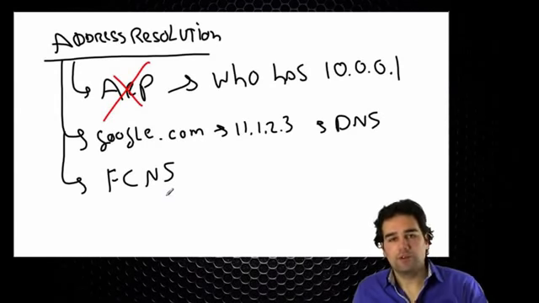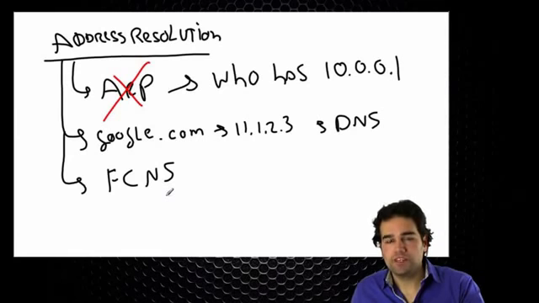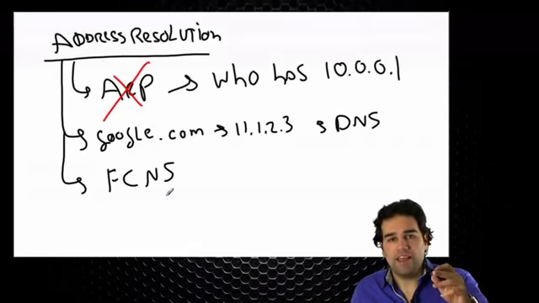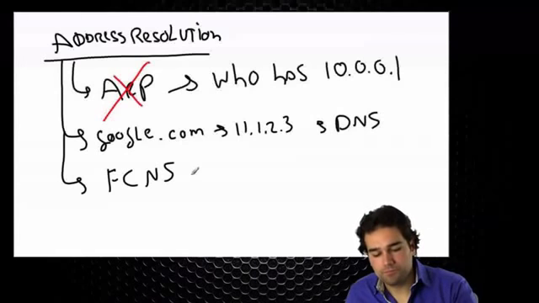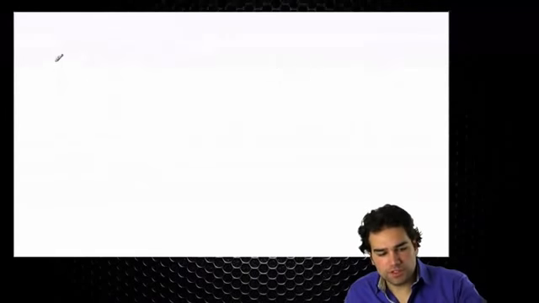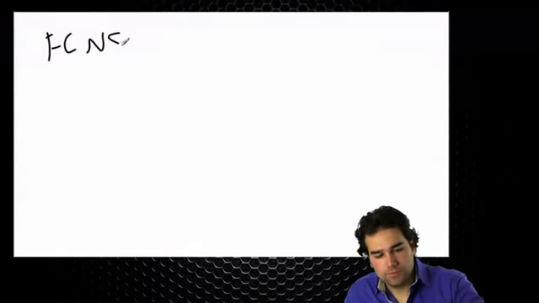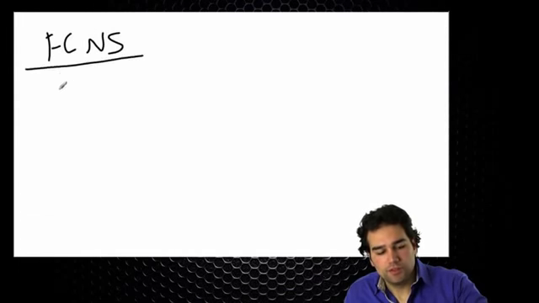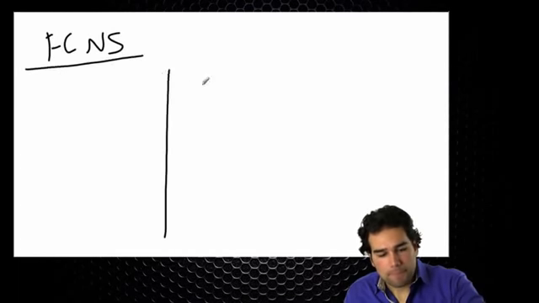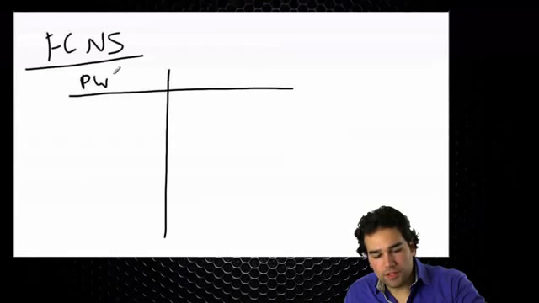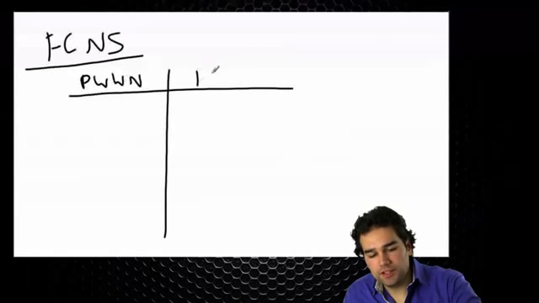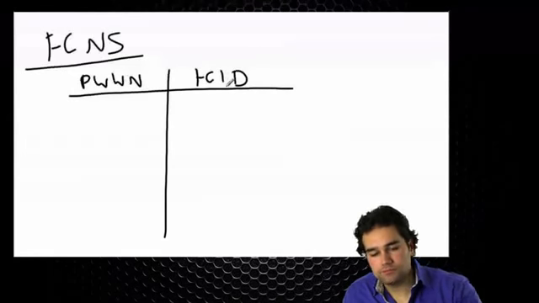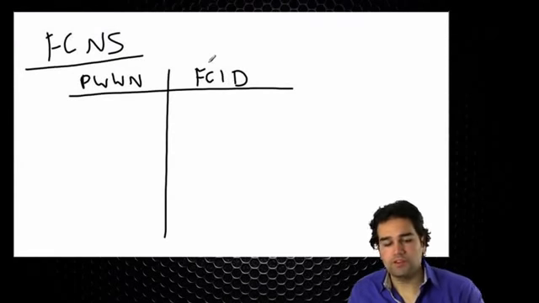I send a request to the name server saying, hey, who has this port worldwide name? So what does the FCNS do? The Fibre Channel name server has a list of port worldwide names with FCIDs and nothing else.